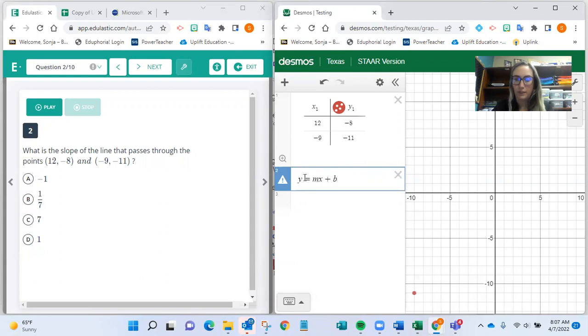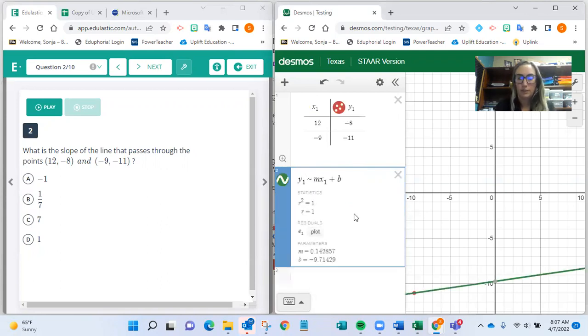Meaning I have y1, I have x1, and then instead of equal, I'm doing the squiggle thing. And this will give me my slope and my intercept, but I'm really looking for slope.